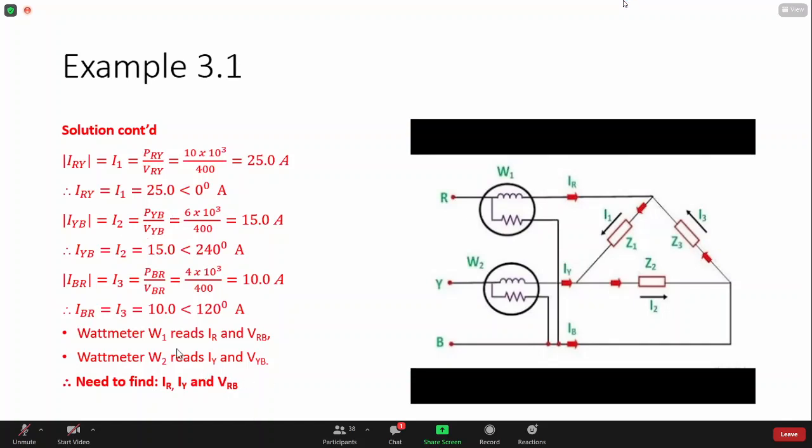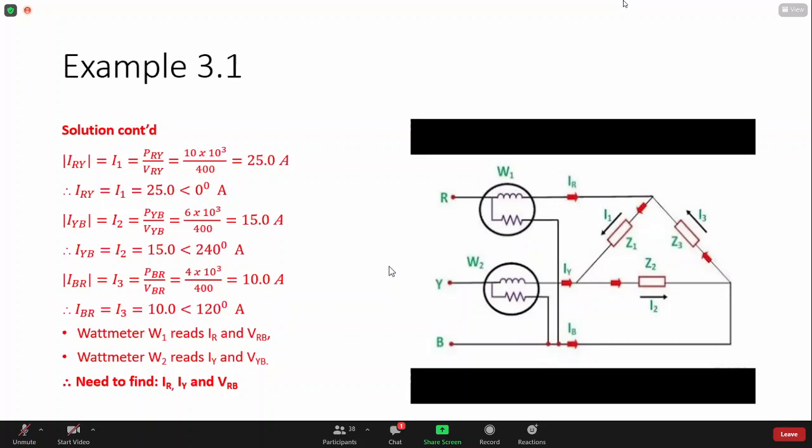So far, we need now to take stock and see what we need to find. We need to find IR, we need to find IY, and we need to find VRB. We already have VYB, so we need to find VRB.